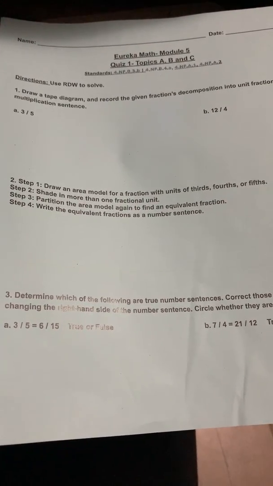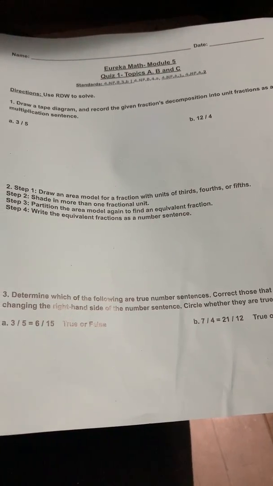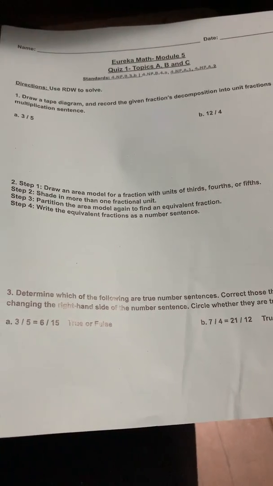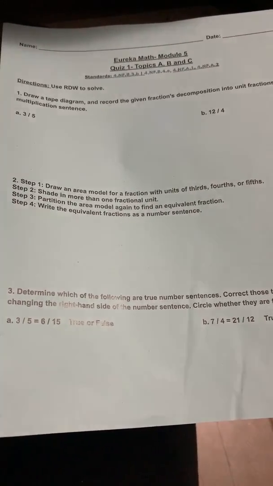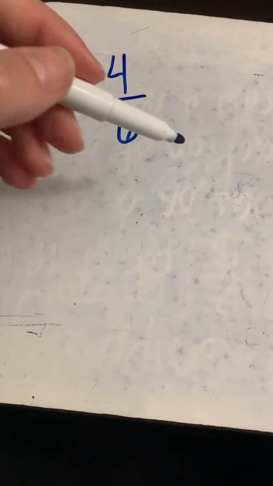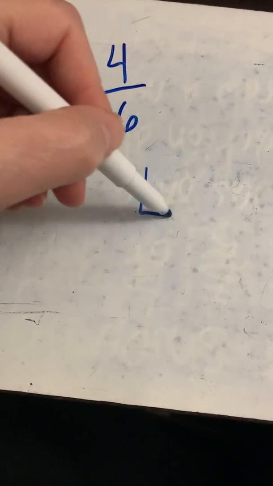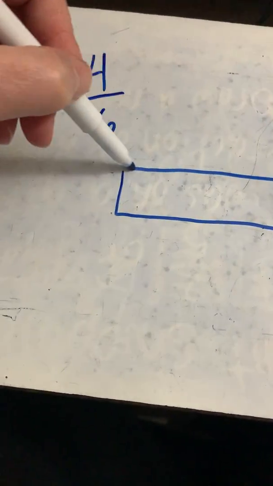So number 1 says to draw a tape diagram and record the given fraction's decomposition into unit fractions as a multiplication sentence. So I'm going to do the example of 4/6. The first thing that they want us to do is to draw it into a tape diagram. So I'm going to draw 4/6.